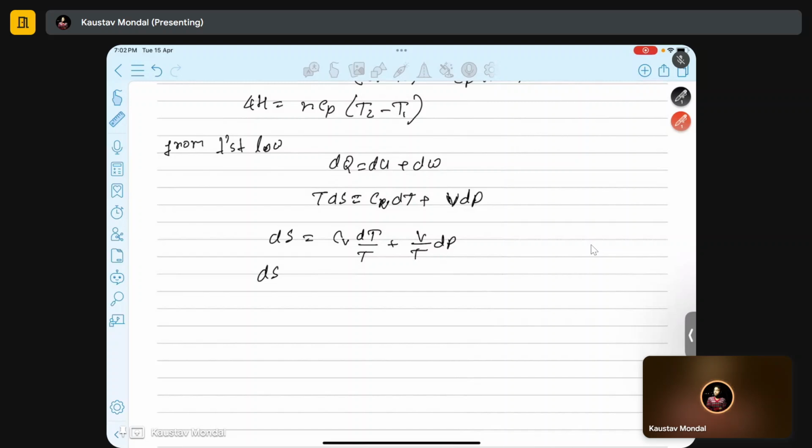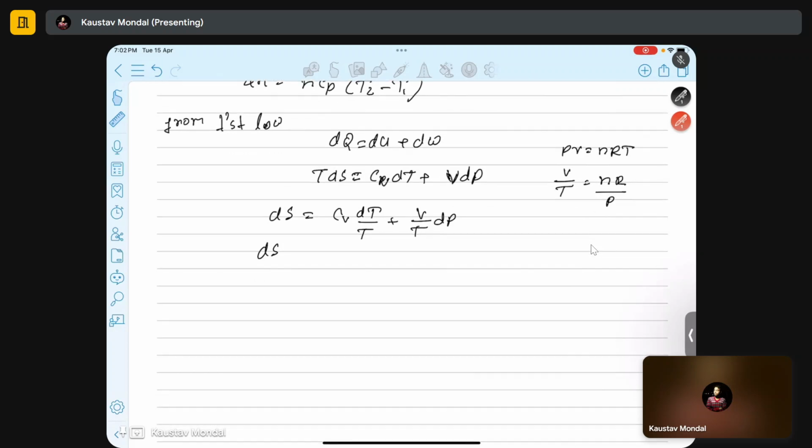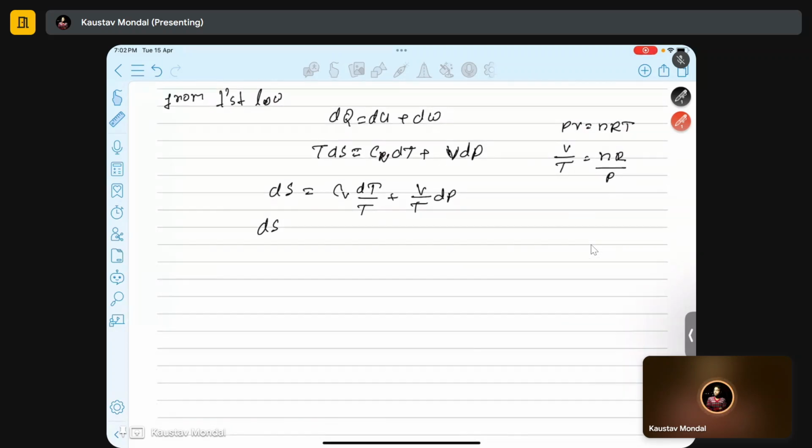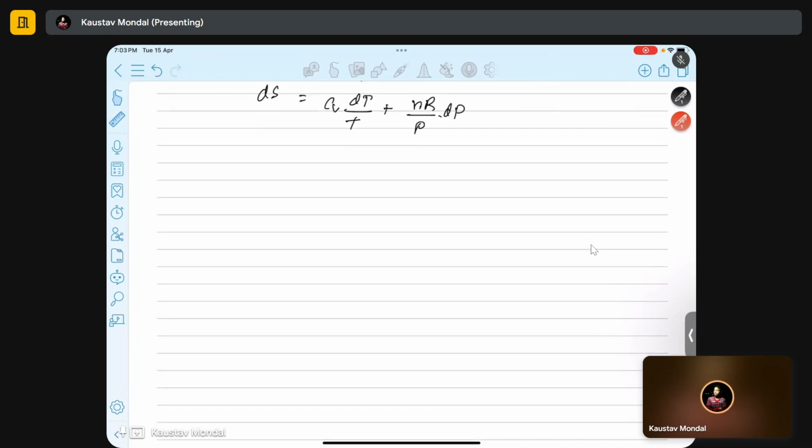Now from here, we know that PV is equal to nRT, so that means V by T will be nR by P. So we can substitute this thing here, which gives us Cp dT by T minus nR dP by P.